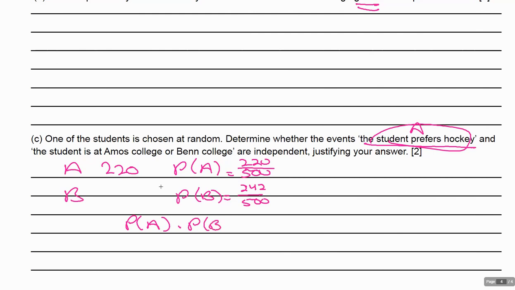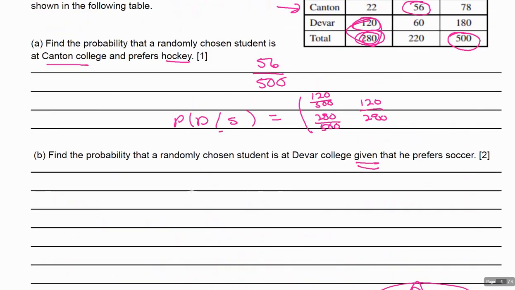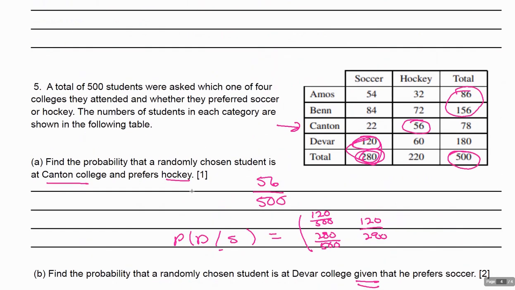Now, remember, if I want to prove they're independent, I have to show the probability of A times the probability of B is equal to the probability of A and B. But like we talked about, you don't find the probability of A and B by multiplying these two. How do I find the probability of A and B? I'm looking for people that prefer hockey and are from those two colleges. So, which ones?